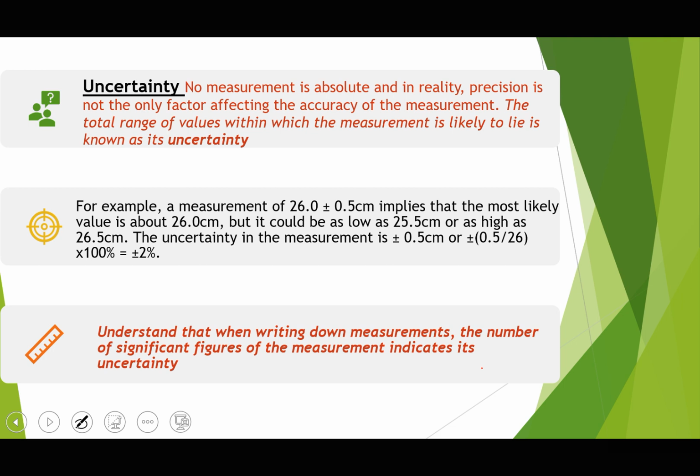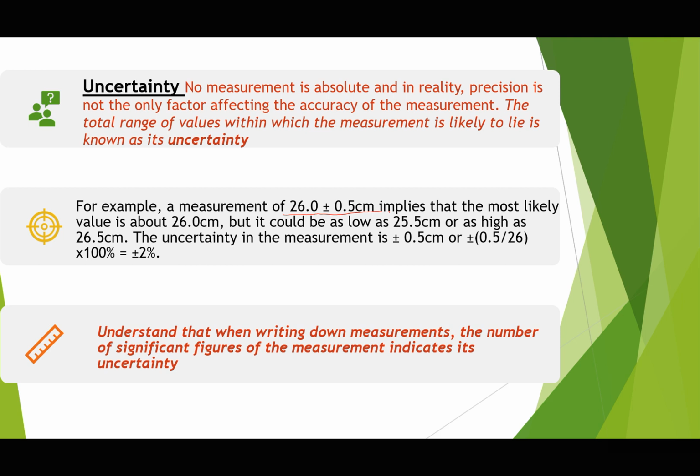In measurements, uncertainty refers to a range of values within which a measurement is expected to fall. For example, you have taken a measurement and it is 26.0 plus or minus 0.5 centimeters. Because it is to one decimal place, I know that this is a meter ruler.